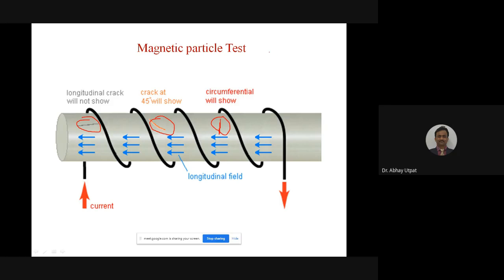Logic behind it. See, this is a magnet. I am drawing here.